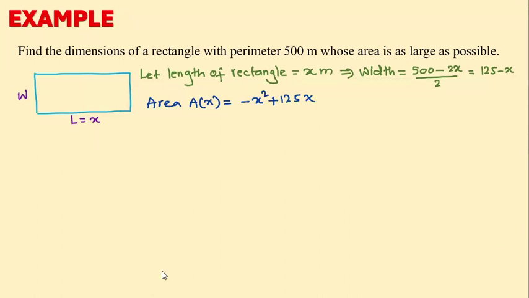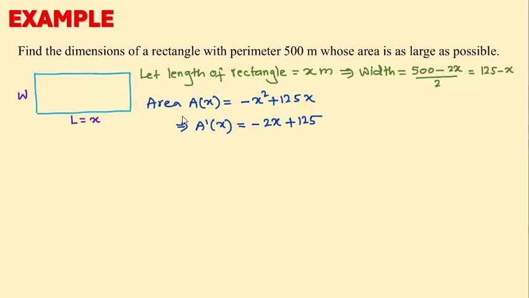So this is the area function. This expression gives the area. We want to maximize the area, so I need the first derivative. So the first derivative is equal to negative 2x plus 125. Okay, negative 2x plus 125.